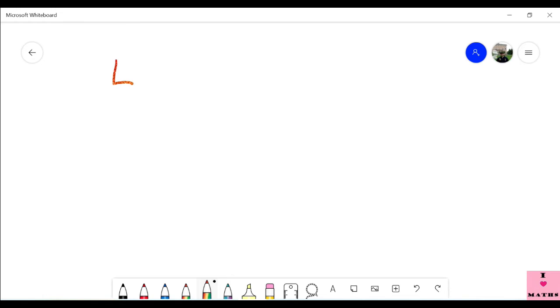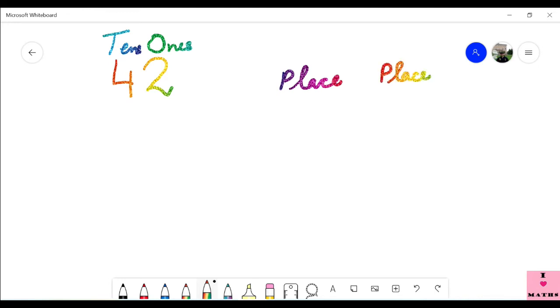Look at this number 42. Here 2 is at ones place and 4 is at tens place. So beta, there are two things, place and place value.